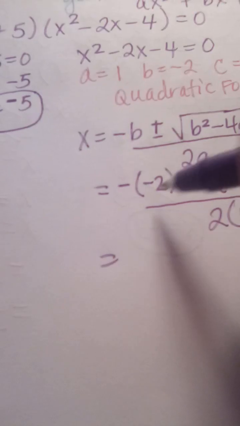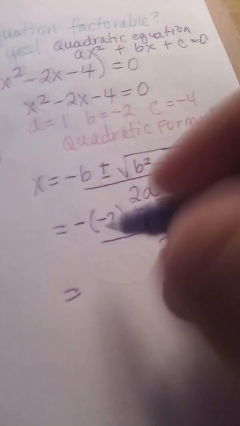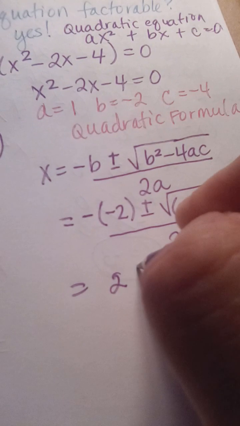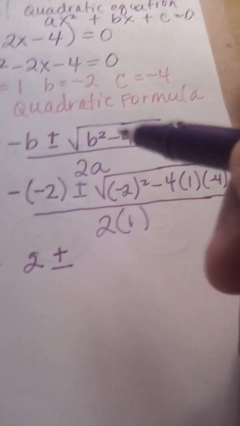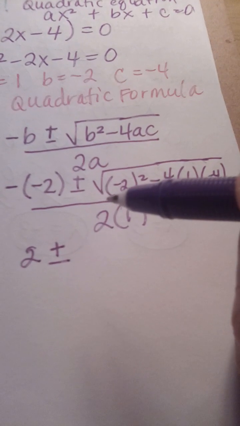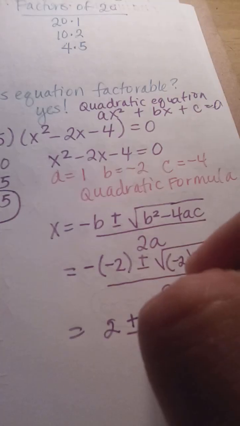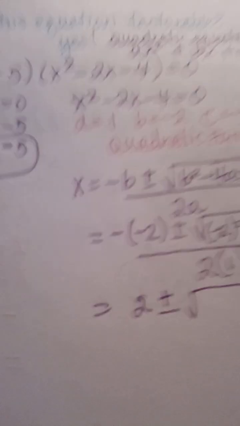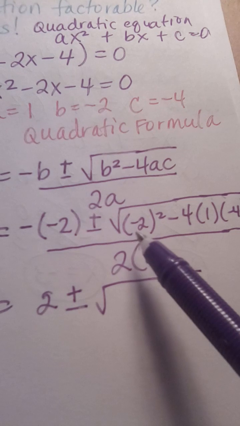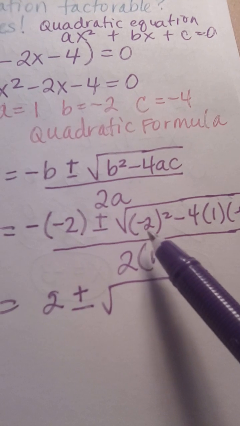We know that negative times negative gives us a positive, right? What number? 2, right? All right. And let's do this part. I'm going to do an extra step, okay? Let's do the work. Okay, we have in b, -2 in parentheses.